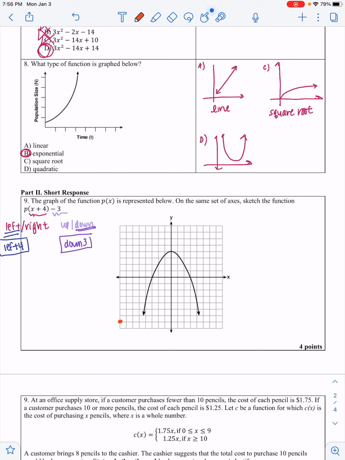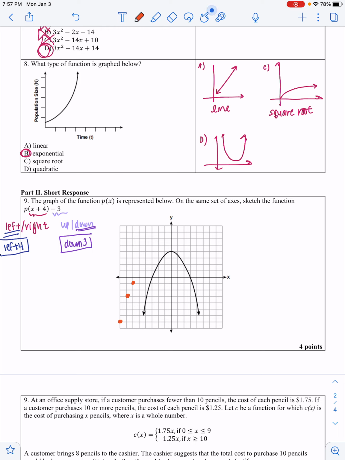Let's pick another point. Let's do this point now. Left 4, 1, 2, 3, 4, down 3, 1, 2, 3, so we end up right there. Pick another point. Left 4, down 3, so now we end up here.